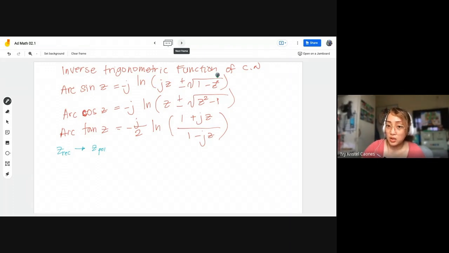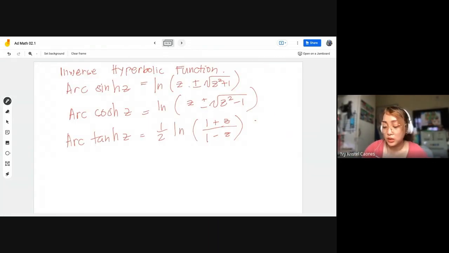Then convert it into rectangular. Then subtract 1 or 1 minus that new z in rectangular. Then perform the nth root. You will have two answers, one plus and one minus. So that is how you are going to solve the inverse trigonometric function.